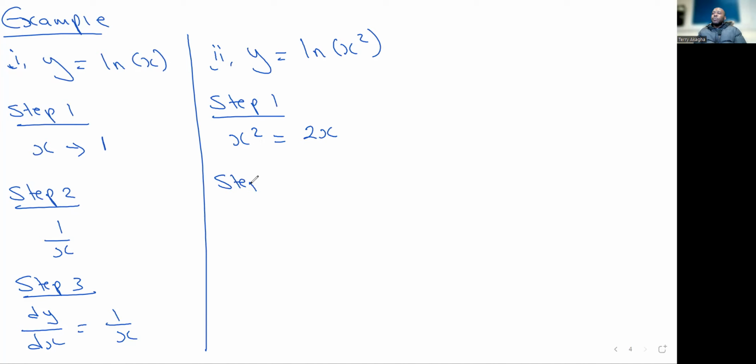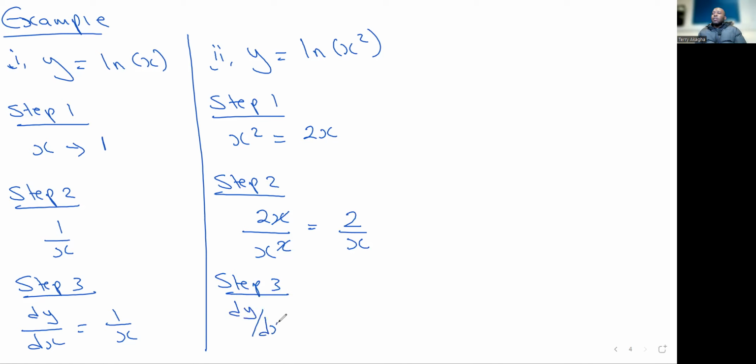Step 2, we divide the answer from step 1 by the original element, so it's going to give us 2x divided by x squared. When you divide this, x can cancel one of them, and that will give you 2 over x. Are you seeing it? Step 3, we can now say dy over dx is equal to 2 over x. And that is that for that.